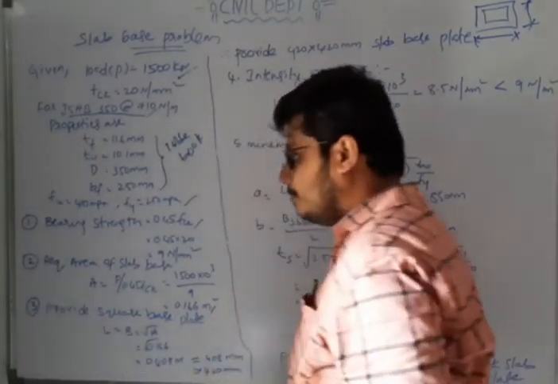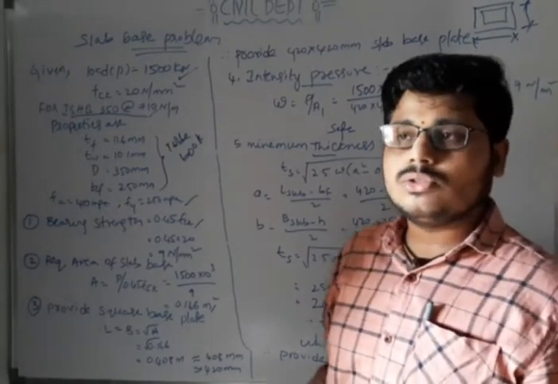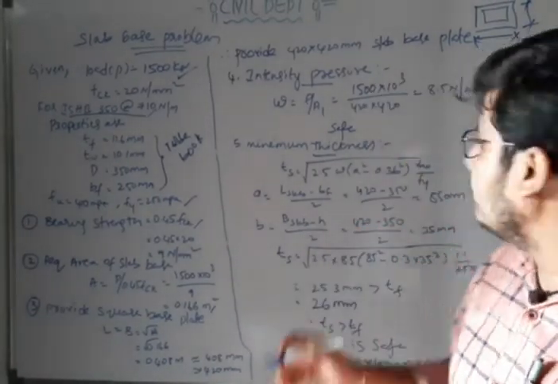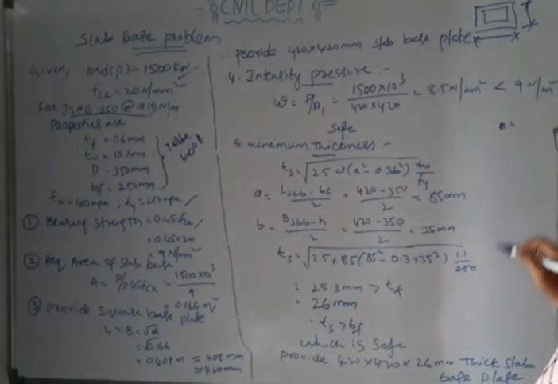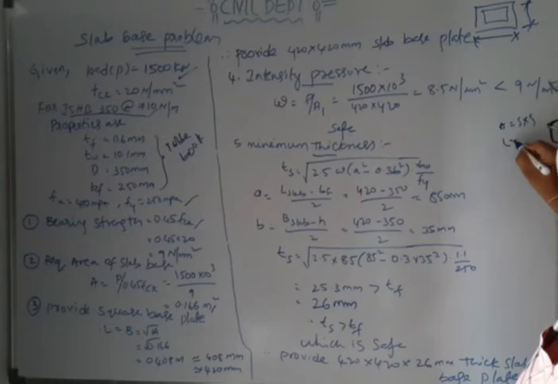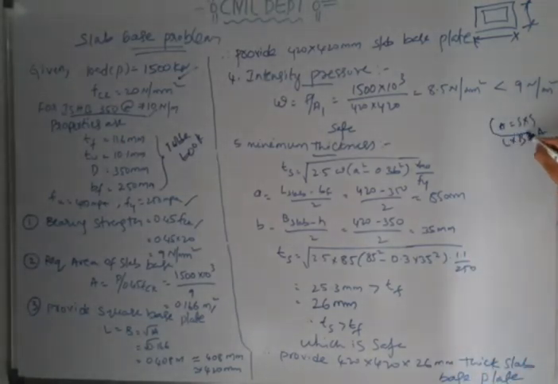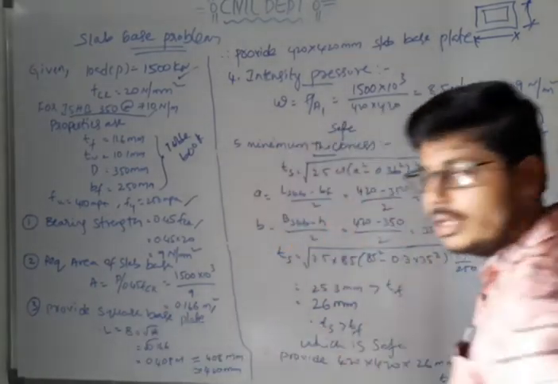Next, third step, providing the square base plate. We can provide square or rectangular base plates. Square base plate means the area is side into side. Rectangle means L into B area. So we have taken the square base plate, that is L is equal to B is equal to root A. Why?